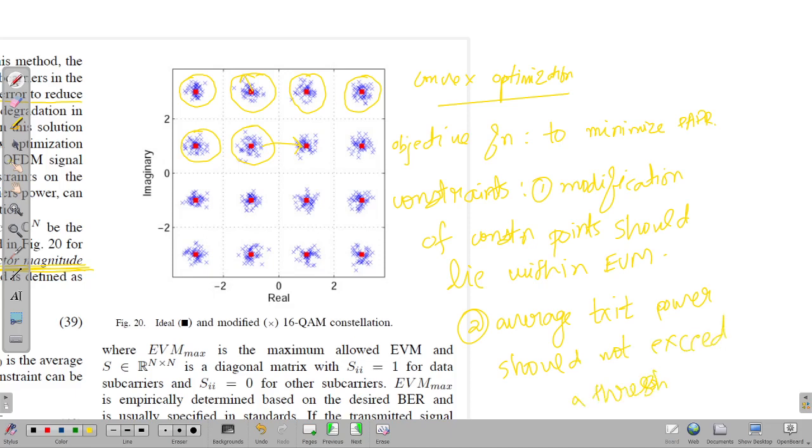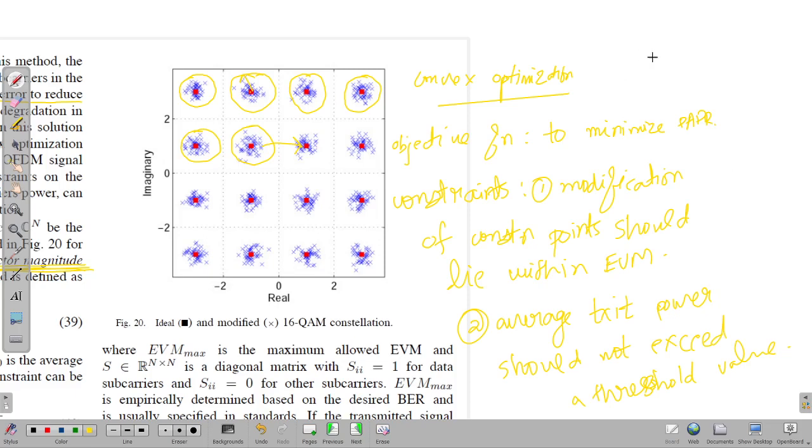And what is this threshold value? That you can decide. We can decide how much the transmit power should not exceed. Usually while we are doing this, we first calculate the transmit power, and then we multiply that with some value, in order to make sure that it doesn't exceed that particular value.